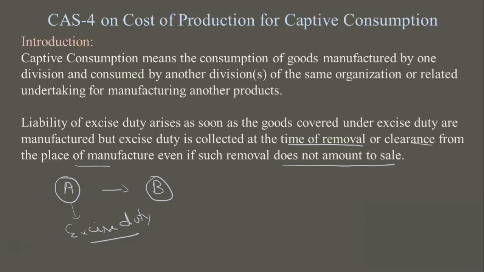Basically the taxable event in the case of excise duty is production of the goods which are covered under excise duty. If we are producing the goods, definitely a taxable event is created. And when we are removing the goods or clearing them from the place of manufacture, we have to pay excise duty, even if it does not amount to the sale of the goods. Okay guys, it is quite simple.